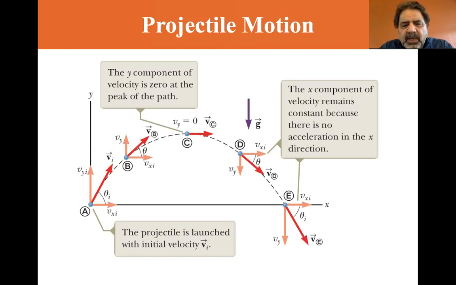Now, of course, we're disregarding wind resistance for these experiments. You can't always do that, but in this case we're ignoring wind resistance. So Vxi is the same. The horizontal velocity is the same throughout the trajectory of the projectile, whereas the vertical velocity changes.